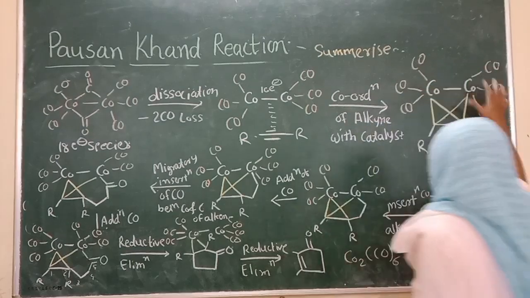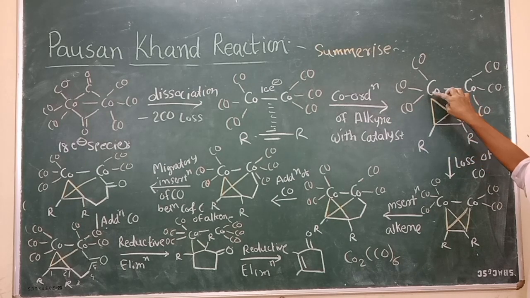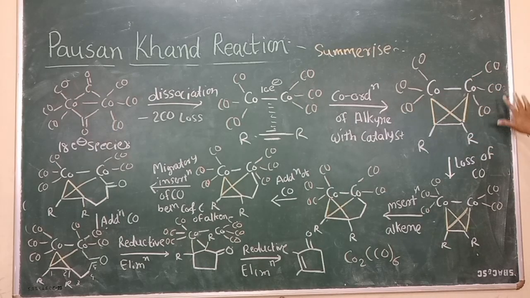Then we get this type of molecule. Here, new bonds form between the two alkyne carbons and the cobalt. The second cobalt is the same, and the three carbonyls on each are removed.